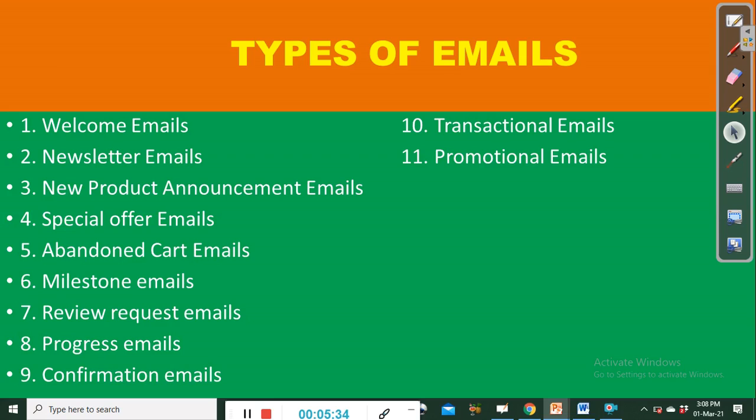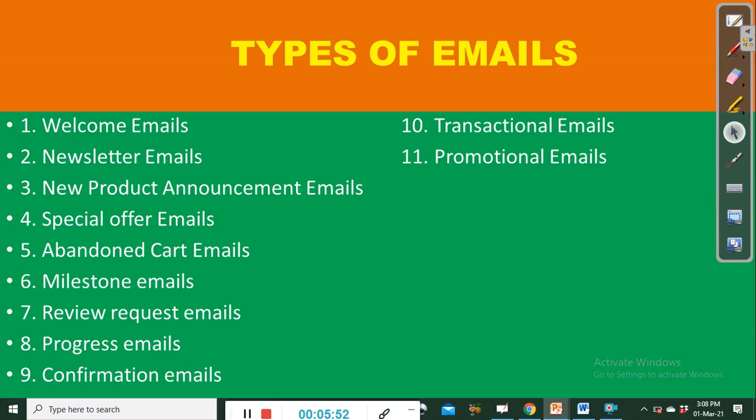Entrepreneurs and individual digital marketers are using the email as a very effective means of communication aimed at promoting their goods and services and their brands, and it is very effective.